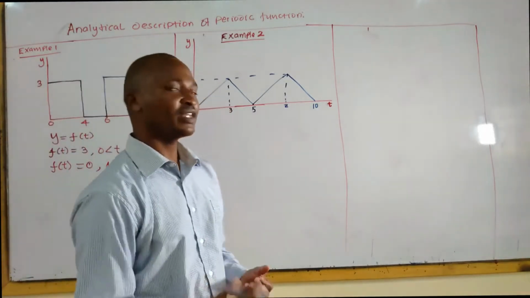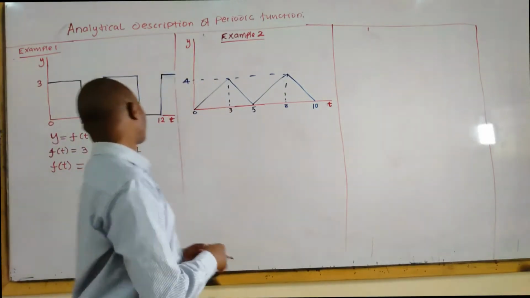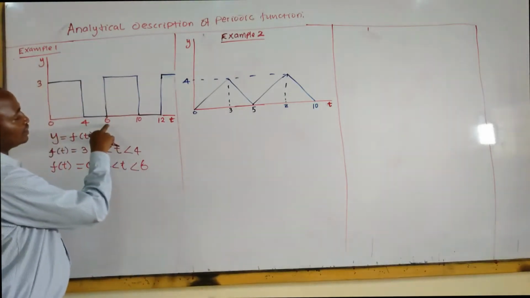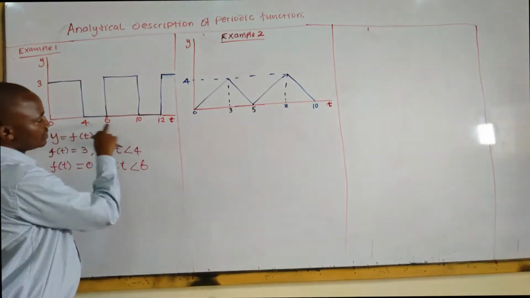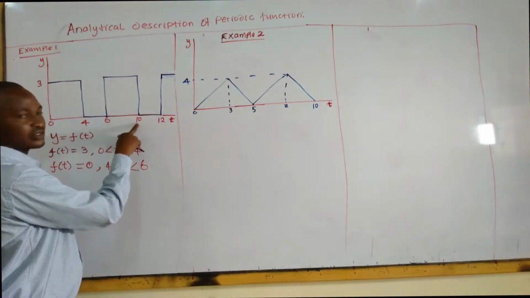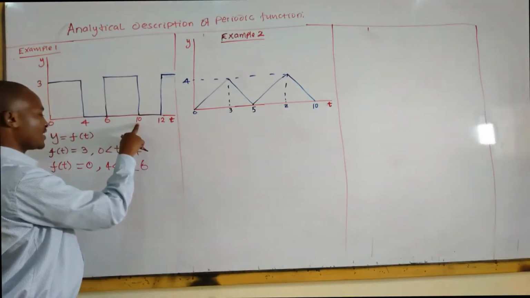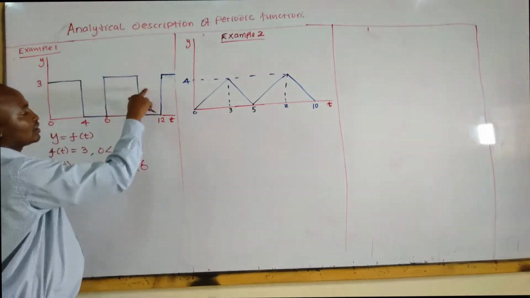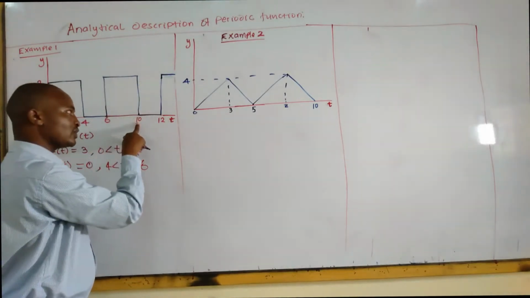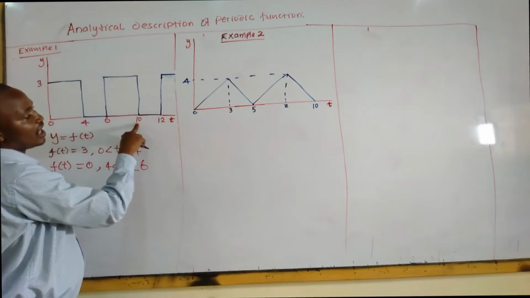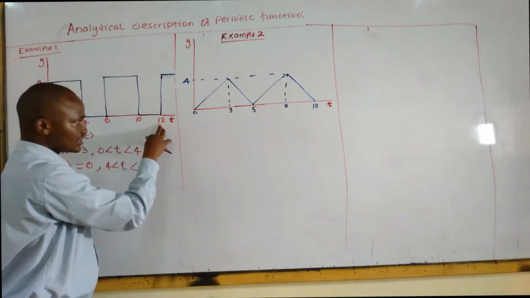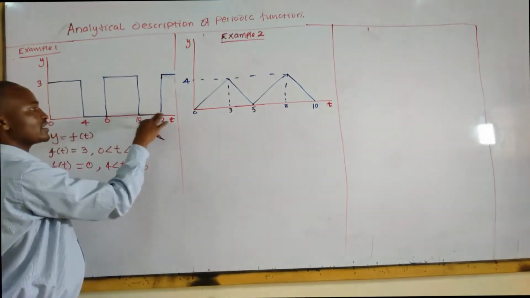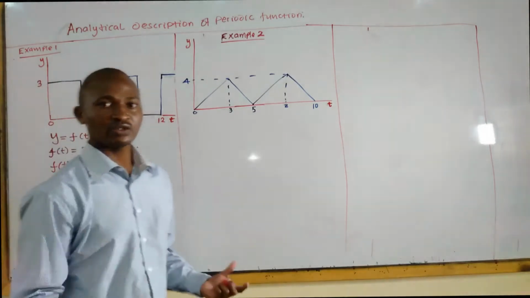If we continue with our analytical description, between t is equal to 6 seconds and t is equal to 10 seconds, the value of the function again is 3. Between t is equal to 10 seconds and t is equal to 12 seconds, the value of the function is equal to 0.